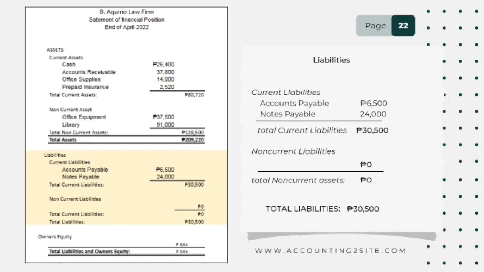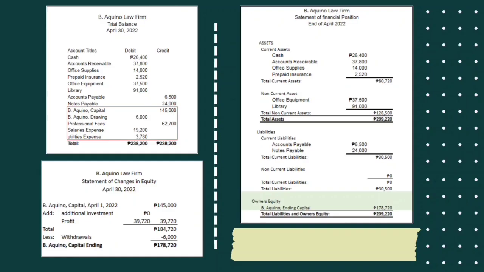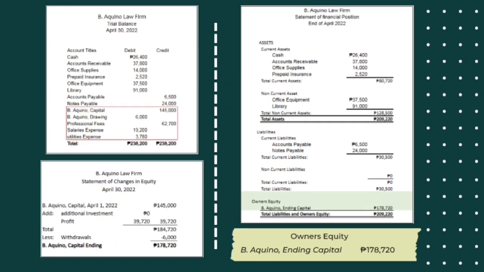Ang sunod naman natin gagawin ay ang owner's equity. Sa owner's equity, makikita ang ending capital ng B. Aquino na nagkakahalaga ng 178,720 pesos. So, paano ba nakuha ang ending capital kung makikita sa unadjusted trial balance na ang capital ng B. Aquino ay 145,000 pesos?